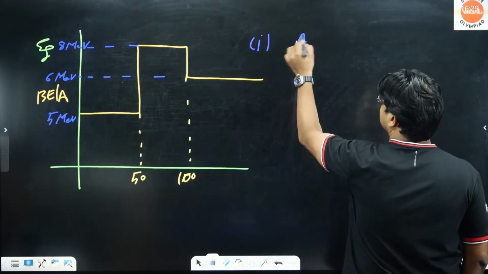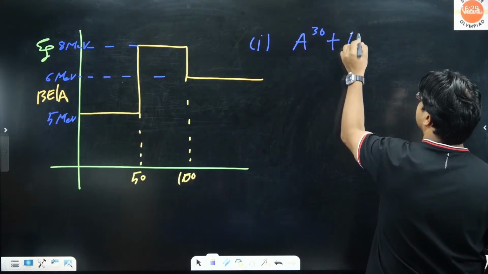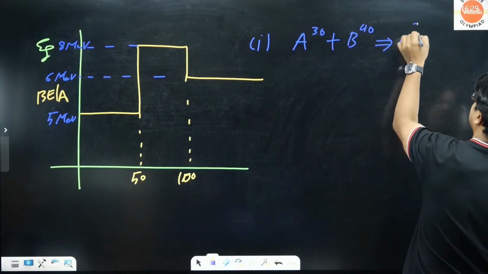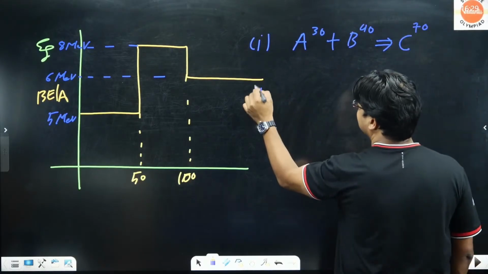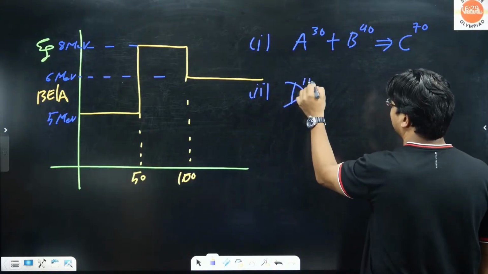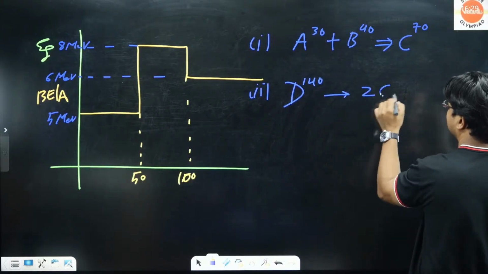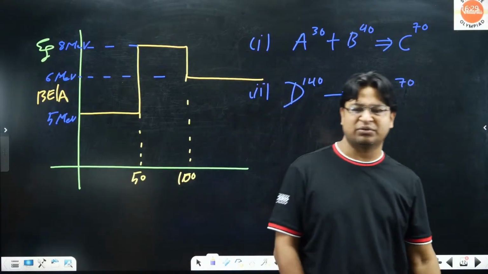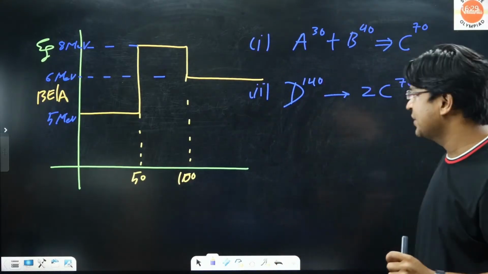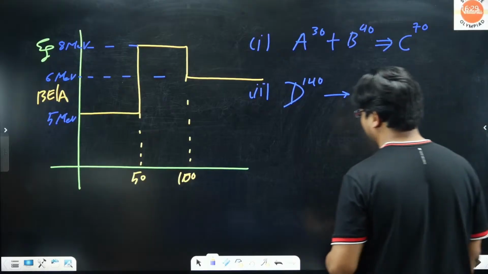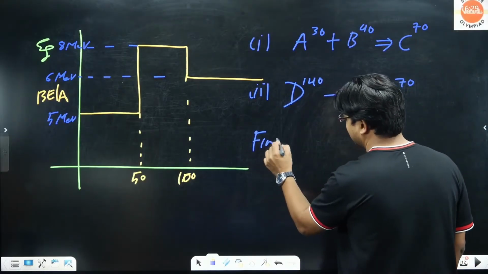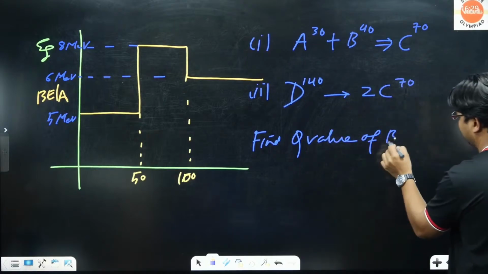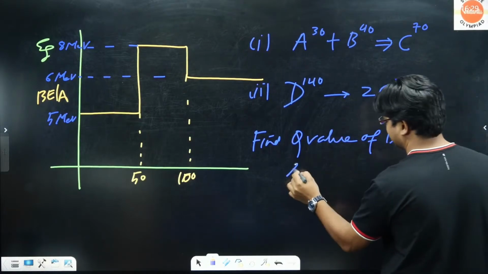One reaction is this: A30 meets B40 and it gives us C70. The other reaction is that D140 changes to 2 times C70. These are two reactions, and we want to calculate the Q value of both reactions. So the question is: find the Q value of both reactions.